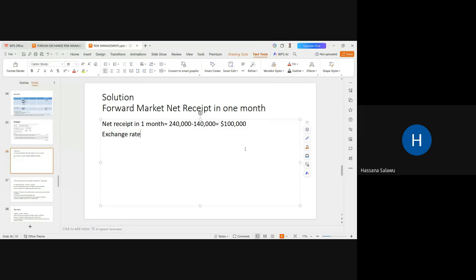Exchange rate will be equal to 1.7832. Let's show how we arrive at that: 1.7829 plus 0.003 to give us 1.7832. Now, what will be your sterling value?